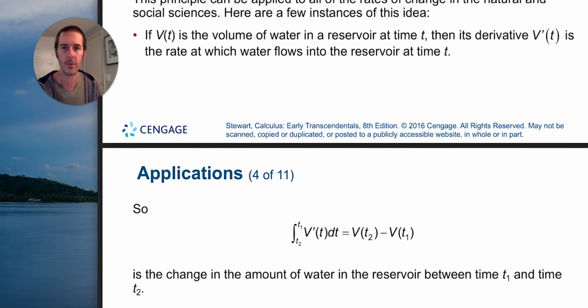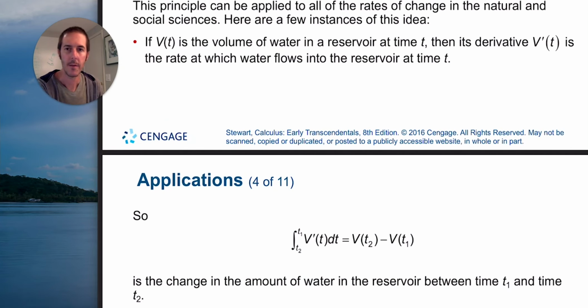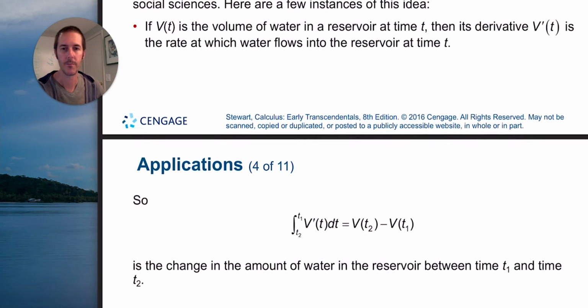So, for starters, if capital V of t is representing the volume of water in a reservoir at time t, then the first derivative, V prime, is the rate at which water flows into the reservoir. In other words, it's the rate of change of volume of water in the reservoir.